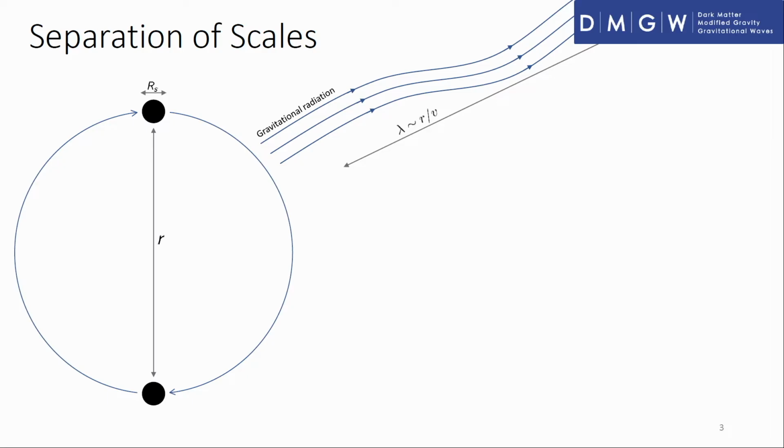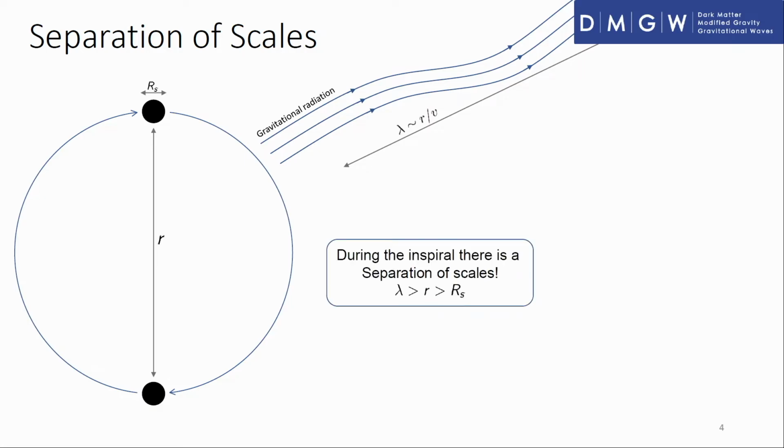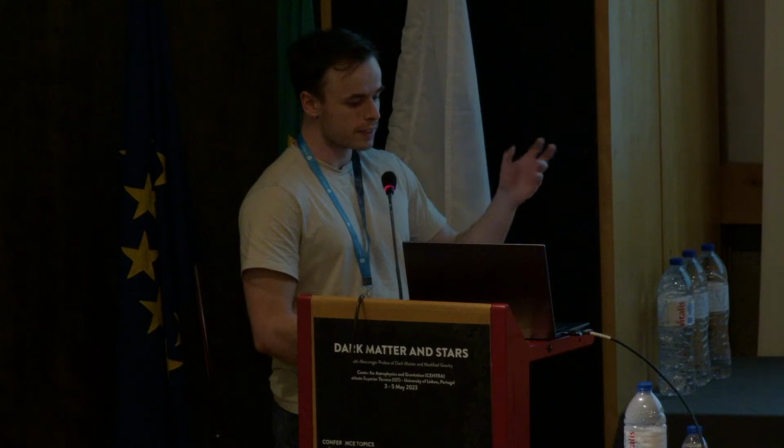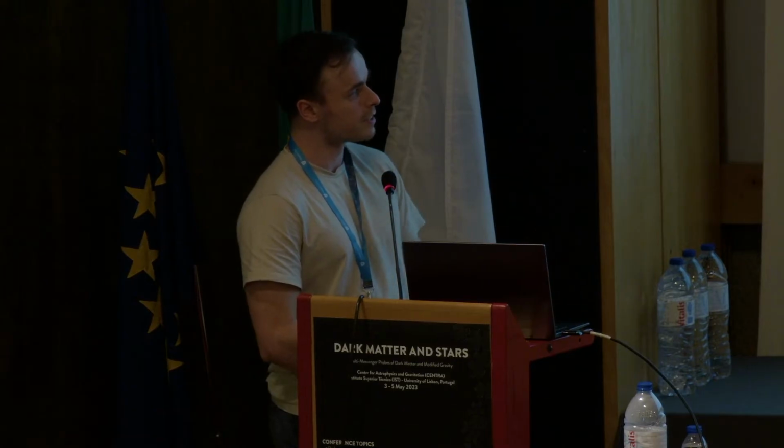One scale, for example, is the size that your objects have, here denoted by capital R. Then you have the orbital scale, lowercase r, and also the scale of the wavelength of your gravitational radiation, denoted by lambda here. And as I said, during the in-spiral, these scales are clearly separated, which makes calculations a lot easier for us because this means we can construct an EFT to arrive at a relatively easy formalism to calculate the gravitational waves.